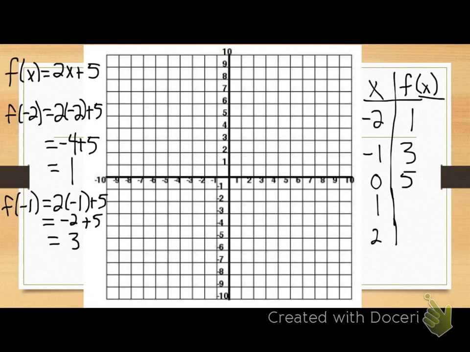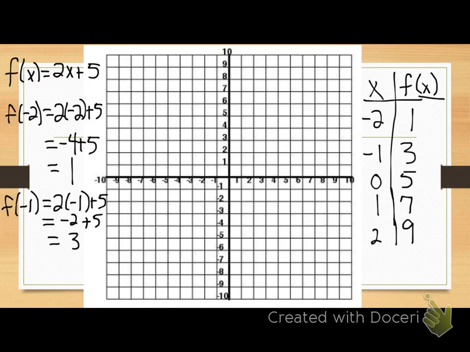Is everyone okay if I don't write out me plugging 1 and 2 in, if I just do it in our heads? Okay, plug 1 in. What's 2 times 1? 2. 2 plus 5? 7. And then plug 2 in. What's 2 times 2? 4. 4 plus 5? 9.